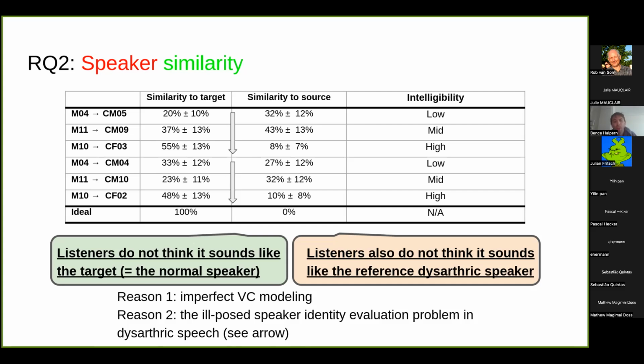But what we also see from the table, which is indicated by the arrow on the table, is that as we choose more intelligible speakers for the evaluation, the similarity to target speaker results get better. So what also happens is probably the problem that I mentioned in the first set of slides, that there is a speaker identity evaluation problem when the listeners hear an intelligible and a non-intelligible utterance for the same speaker. They are less able to determine whether it's the same speaker or a different speaker.